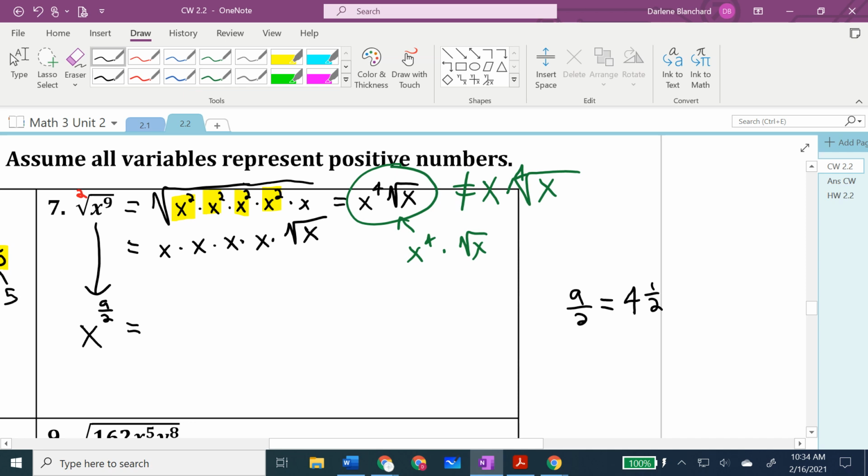And then if you write it as a proper fraction, you can then use the fact that a proper fraction is really just saying this whole number plus this fraction.